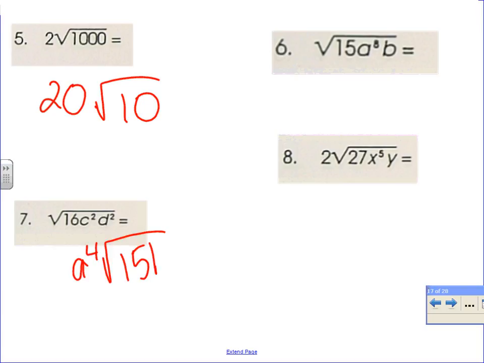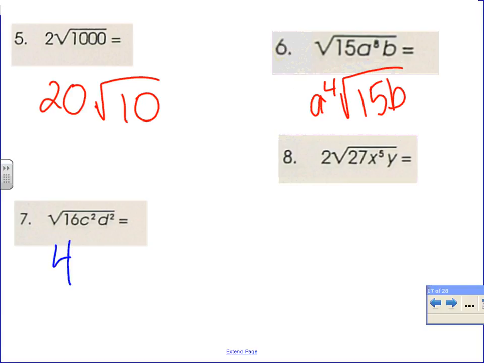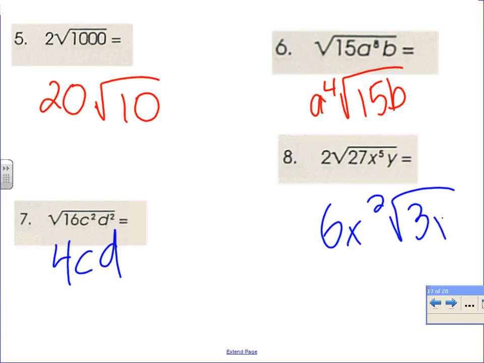Matthew, number 6. Good. A to the fourth square root of 15b. Sam, number 6. Oh, man. I wrote that in the wrong spot. Sam, number 7. Good. 4cd. Matt, number 8. Good job. Make sure 5 through 8 are checked. If you're getting these wrong, you need to make sure you're asking me once we go through them all. Okay, Alan, number 9.